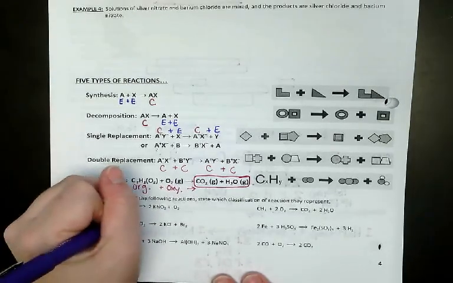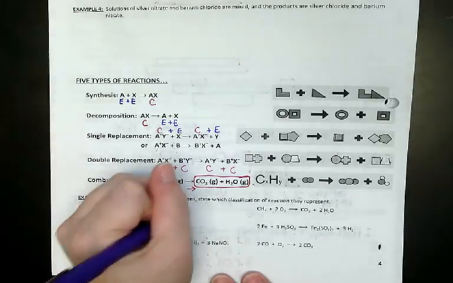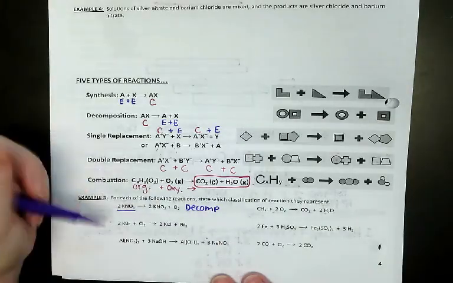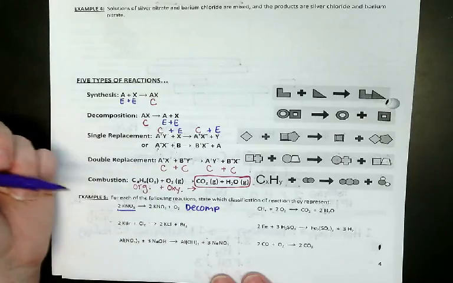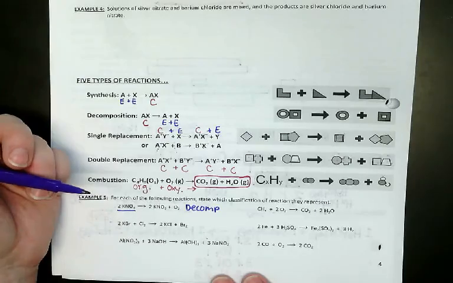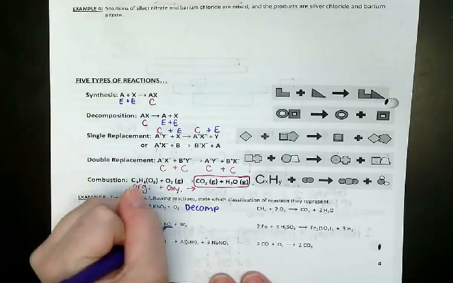Next one, KBr plus Cl2 yields KCl plus Br2. What kind of reaction would that be? We have a compound plus an element yields a compound plus an element. What is that? Single replacement. Single replacement, the cheater. Okay?